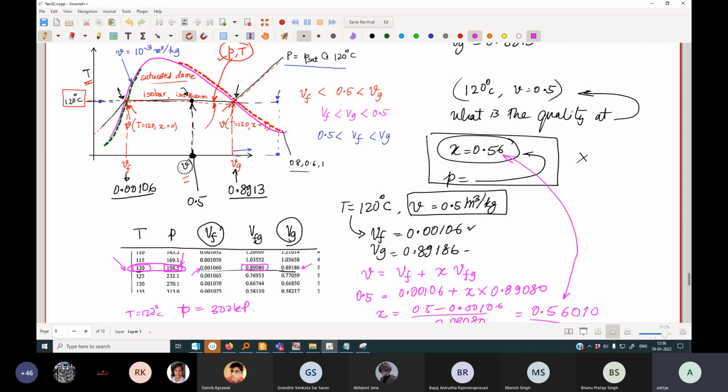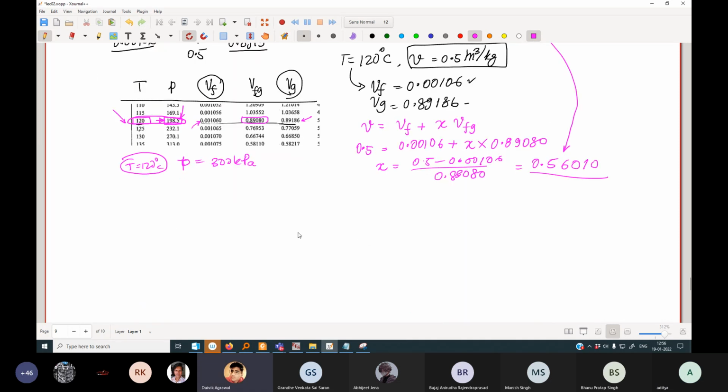I cannot say this because inside the saturation dome, the moment I specify temperature, pressure is automatically specified. Or conversely, once I specify the pressure, temperature is automatically specified. They cannot vary independently. Inside the dome, you can only use temperature or pressure. You cannot use both.